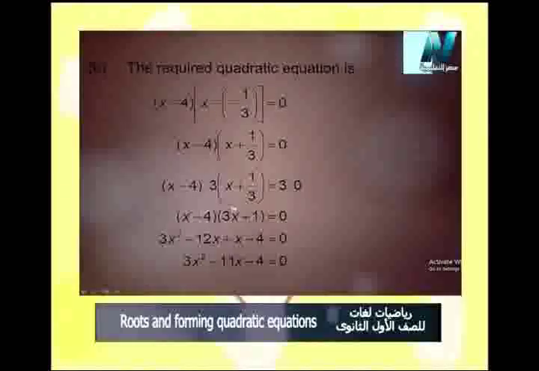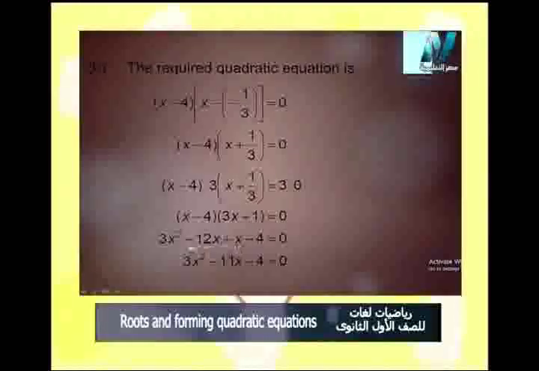We multiply x by 3x plus 1, so x times 3x equals 3x power 2, x times 1 equals x here, and negative 4 multiplies this bracket. Negative 4 times 3x equals negative 12x, and negative 4 times 1 equals negative 4.